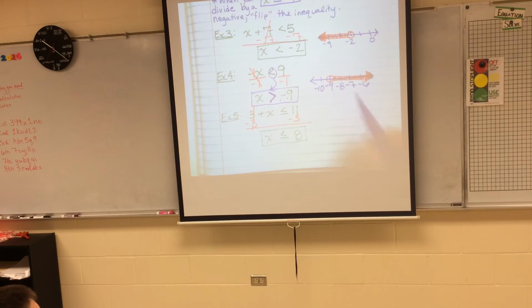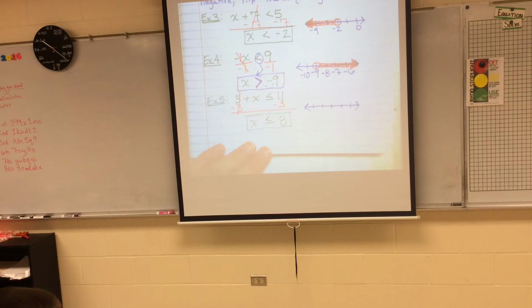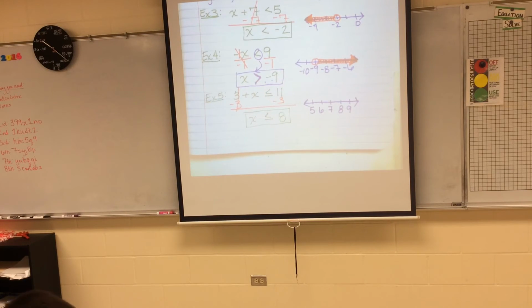So then I can graph this. All right, so I have 8. I drew just a short little number line here. I know it's going to be at 8.